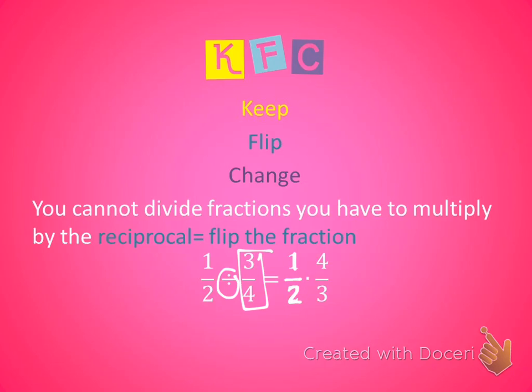Flip the second fraction. So I make this 4 over 3, and change the sign to multiplication. And then you just multiply straight across. 1 times 4 is 4. 2 times 3 is 6. And I would obviously have to reduce that to 2 over 3. Okay? Keep, flip, and change. Anytime you see dividing by a fraction.